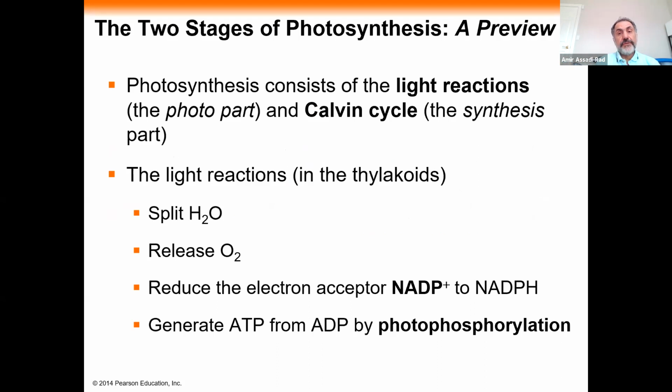The two stages of photosynthesis, very important: the light reaction and the Calvin cycle. When I was a student, they used the term light independent or dark reaction, and that was very confusing for me. I was confused that the dark reaction happens only at night during dark time.